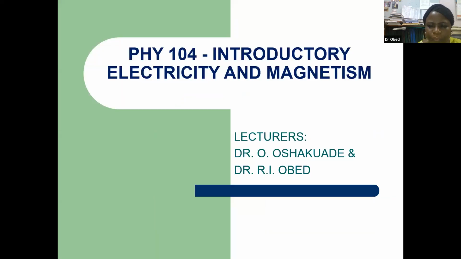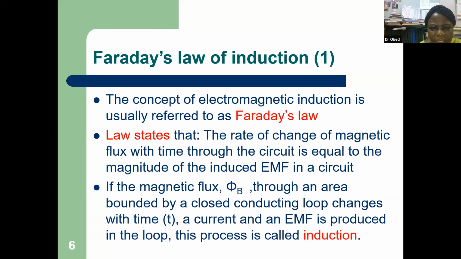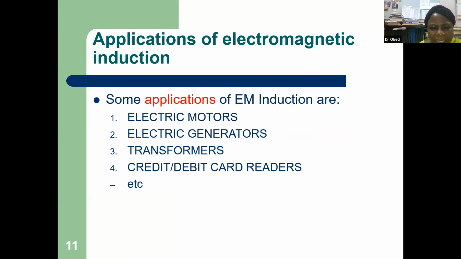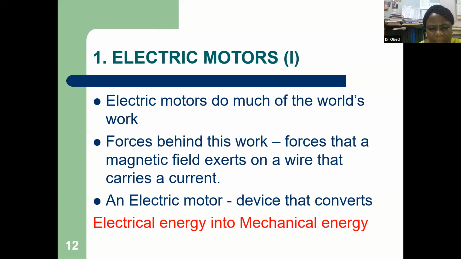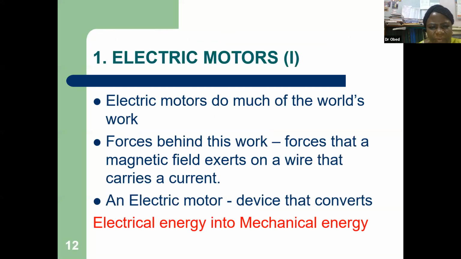Okay, so on slideshow. This was what we discussed, and I've reviewed all that. Then we talked about applications of electromagnetic induction: motors, electric generators, transformers, credit or debit card readers. So we talked about electric motors. I'm just reviewing this again: a motor has a rotating armature in a magnetic field, and a motor is a device that converts electrical energy into mechanical energy.